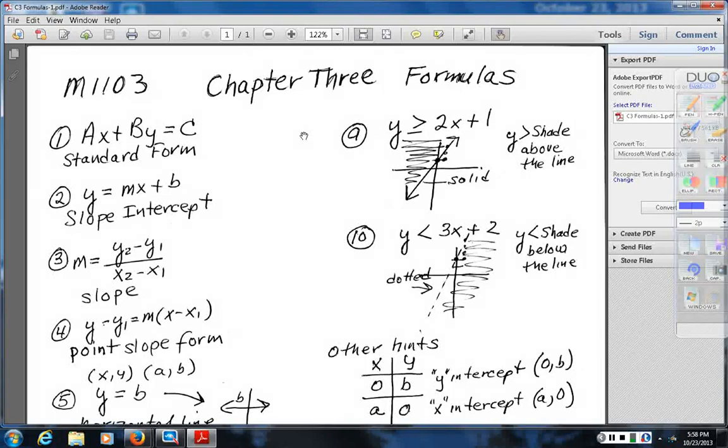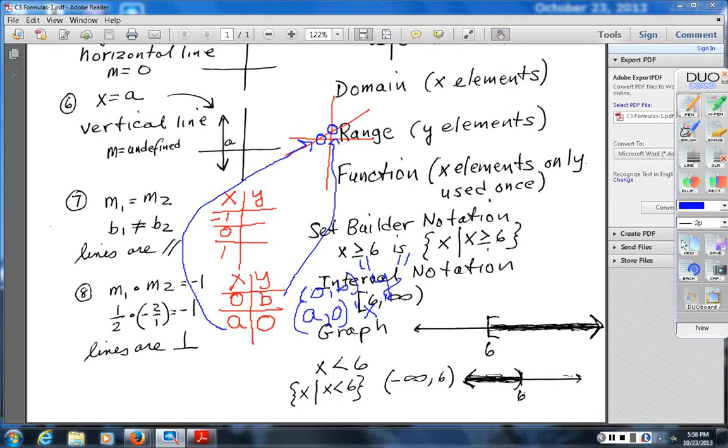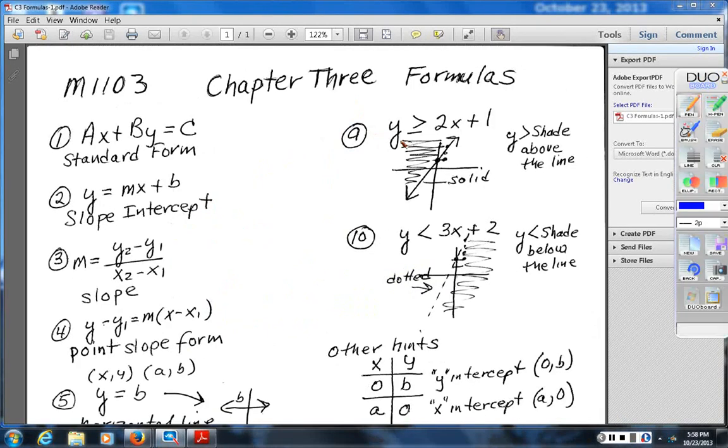Okay, in part 2, we're going to look at the formula on the right side of this formula sheet. And as we look at number 9, we see that instead of being a typical equation, this is an inequality.